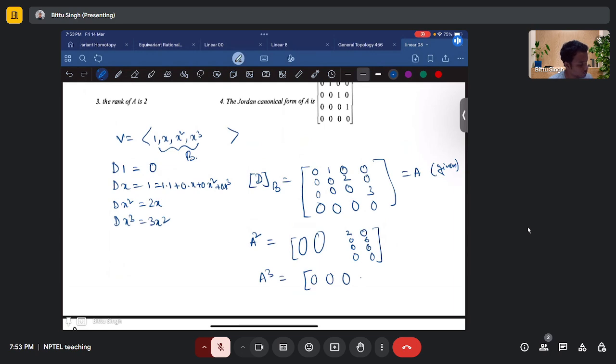Explicitly, the non-zero thing will be 3 times the second thing.